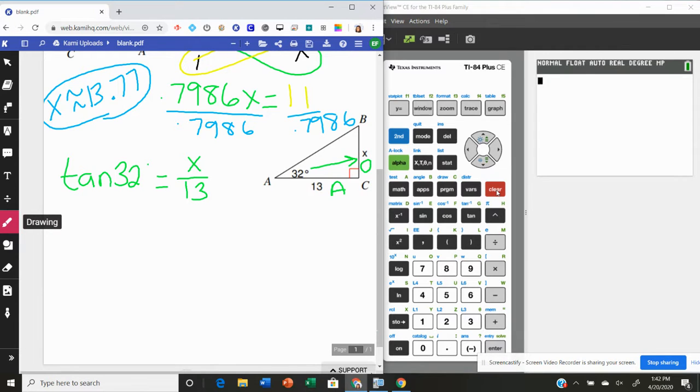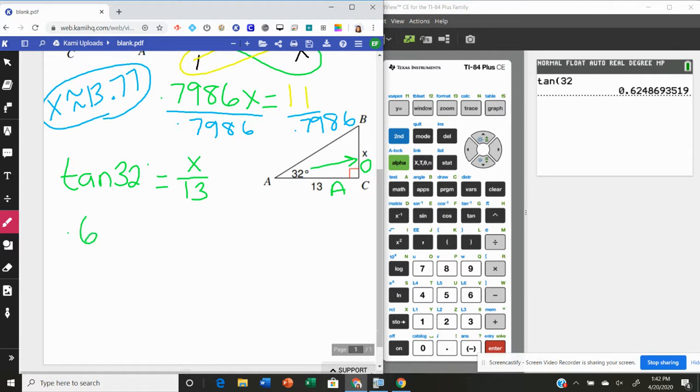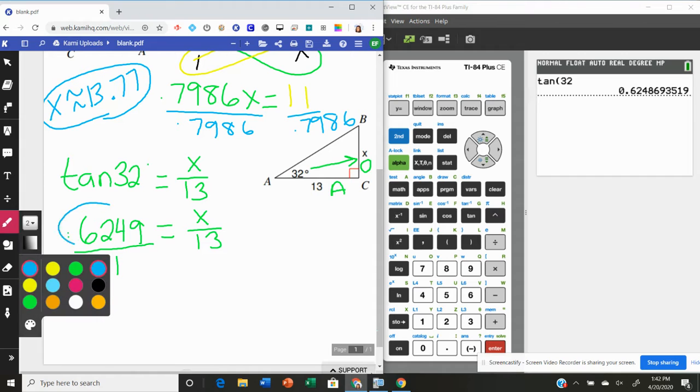Again, let's turn to our calculator. If we need to figure out the tangent of 32 degrees, we should get that that is 0.6249. Notice when I write down each of these trig ratios, I always round it to 4 decimal places. You should get into the habit of doing the same. And then again, in order to solve, let's cross multiply. This one's going to be slightly easier to solve.